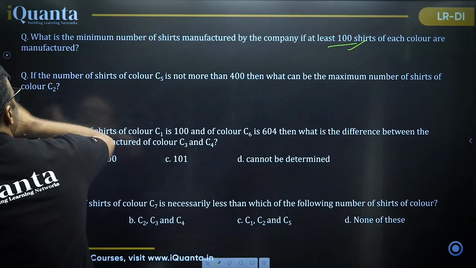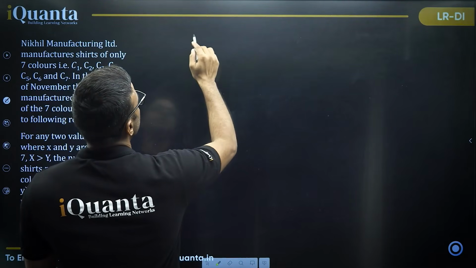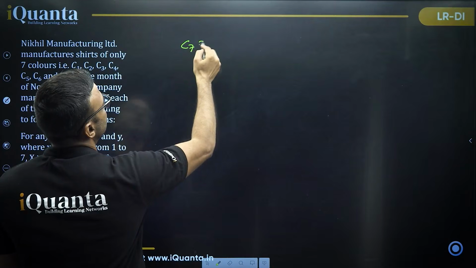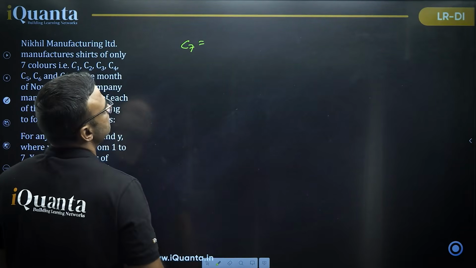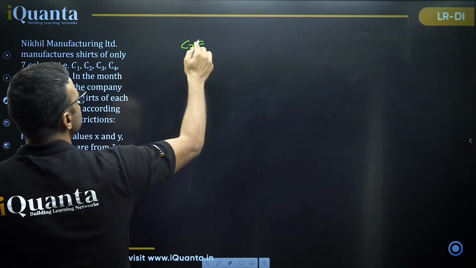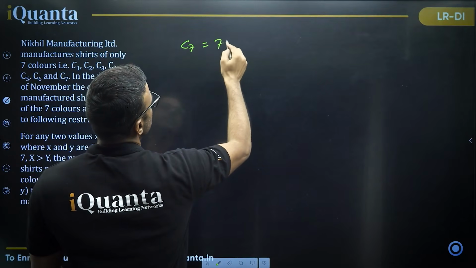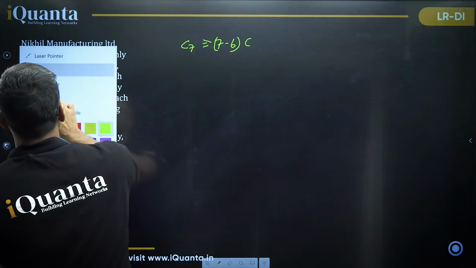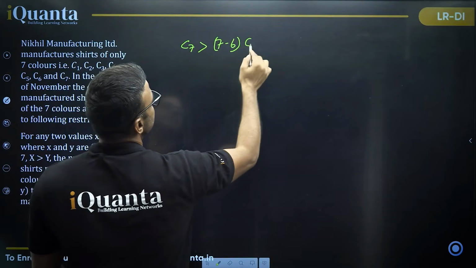If I want to express C7 in terms of the others, let's do it one by one. C7 should be more than (7 minus 6) C6.